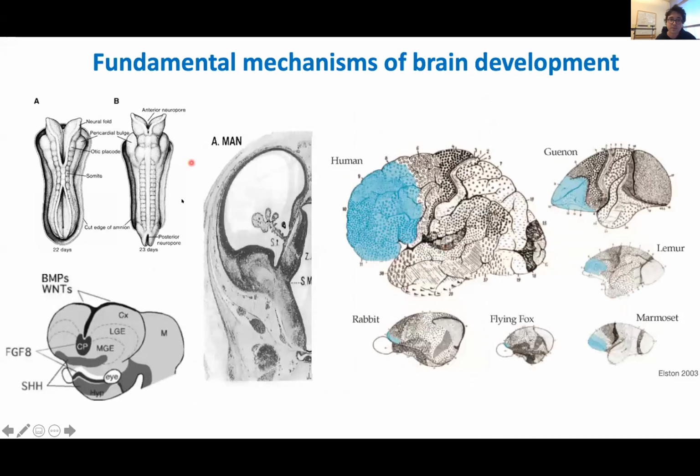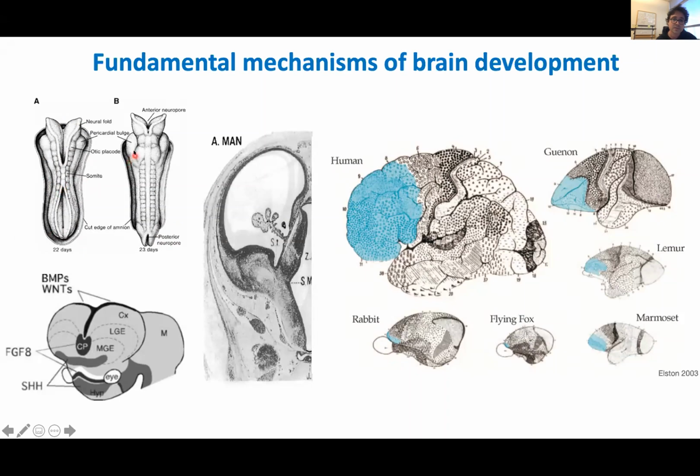So a quick overview of human cortical development and forebrain development. The brain emerges in very early development and becomes specified at just a couple of weeks after conception.